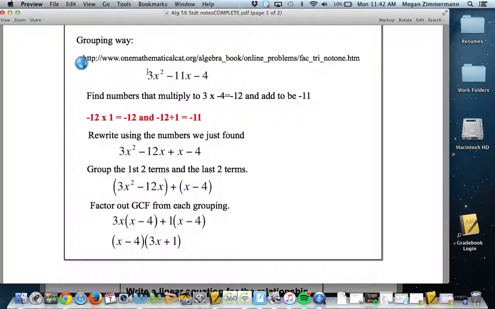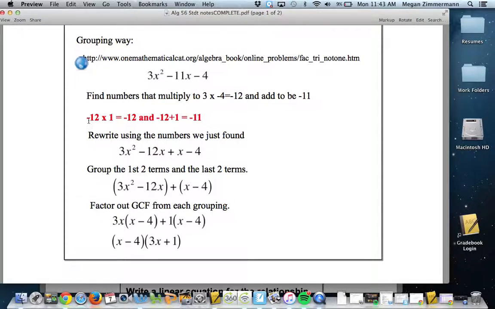So if we have to factor 3x squared minus 11x minus 4 by grouping, you want to find numbers that multiply to negative 12. So you take your leading coefficient of 3 and your constant term negative 4, and you multiply those together to figure out what the numbers are that have to multiply to negative 12 and add to be negative 11.